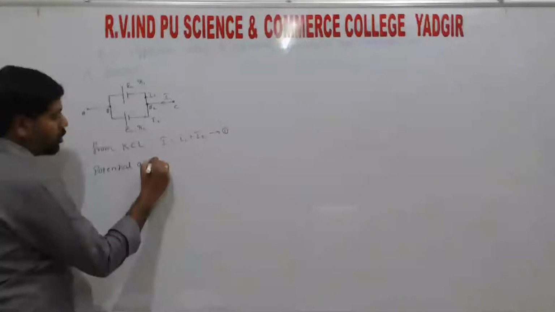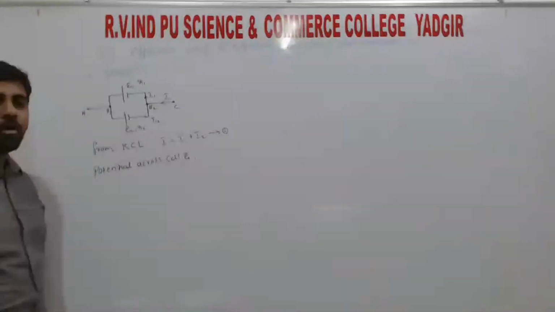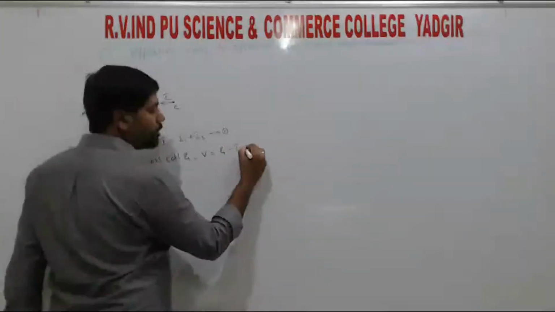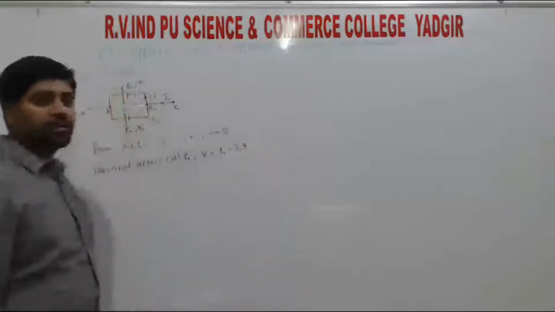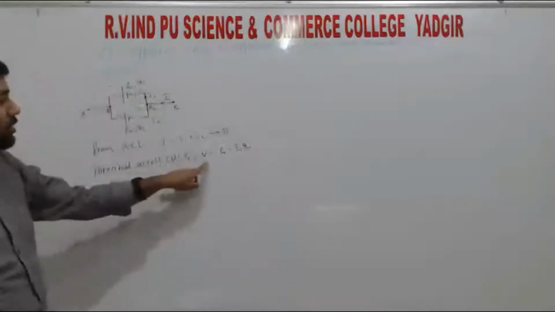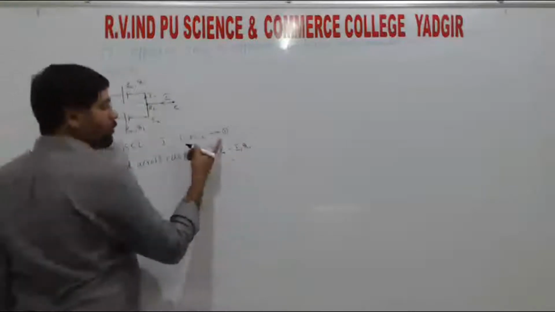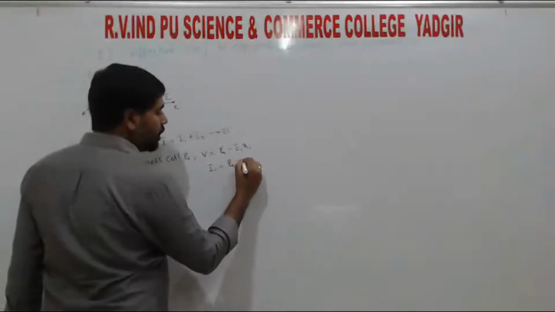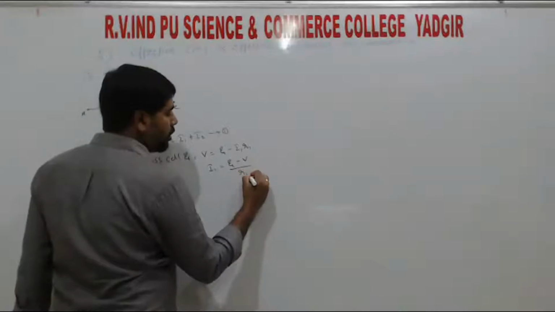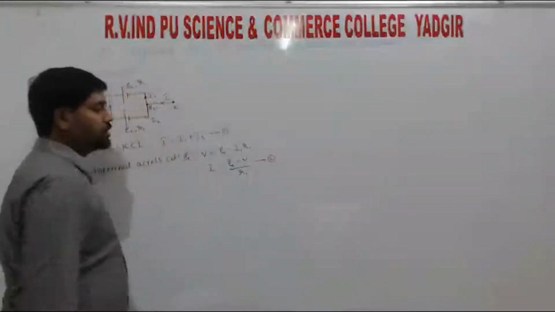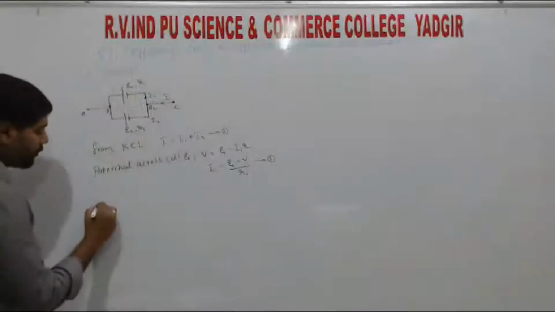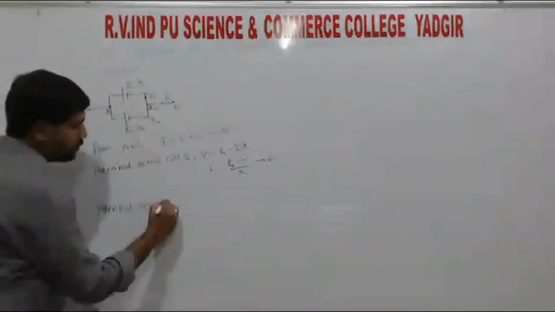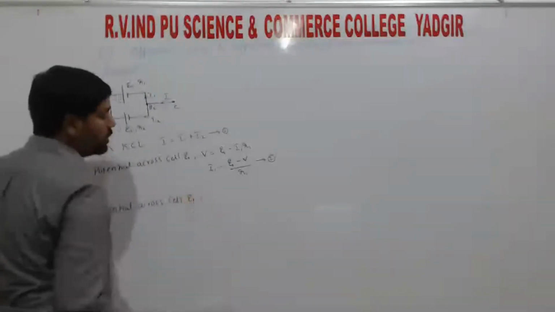So across cell E1 we can write V is equal to E1 minus I1 R1, right? From this, I1 is equal to E1 minus V divided by R1. Call this the second relation, right? Similarly, the potential across cell E2.